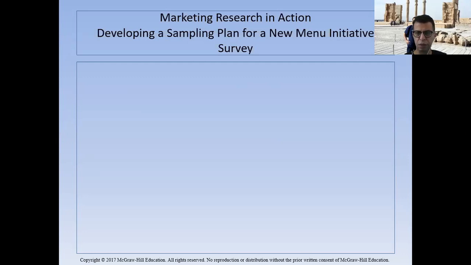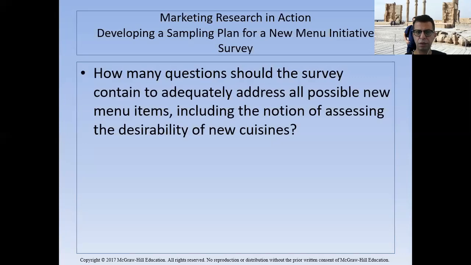This is the process. First of all, you need to see how many questions the survey should contain to adequately address all possible new menu items, including assessing the desirability of a new cuisine.